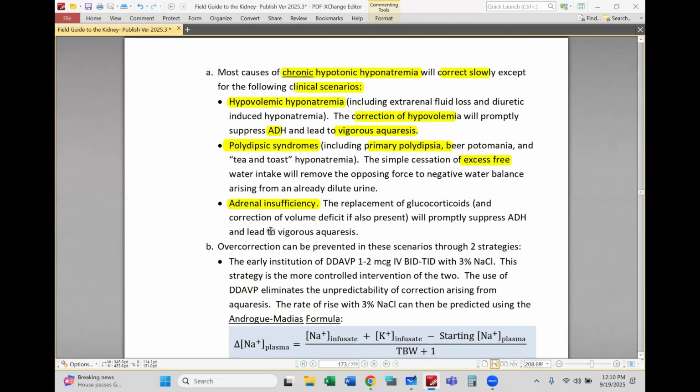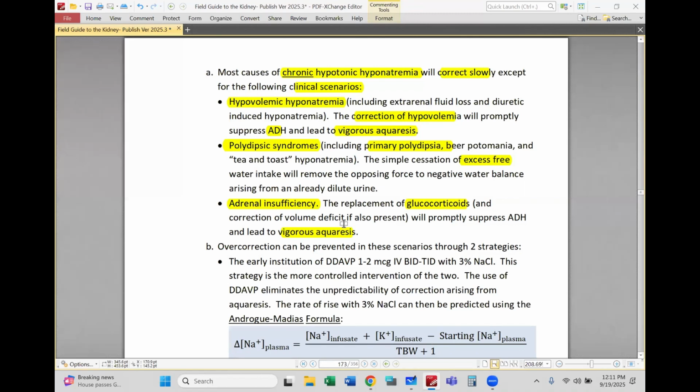This is a rare variant: someone who has adrenal insufficiency, and that adrenal insufficiency is recognized as soon as they get glucocorticoid replacement. That can shut off ADH release, and therefore that patient can develop a vigorous aquaresis and the sodium can rise quickly. Now that, of course, is going to be a pretty rare type of hyponatremia that you encounter.